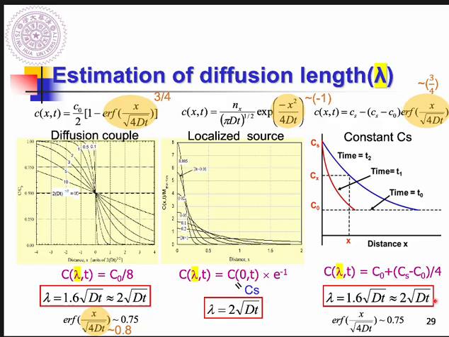OK, and just another supplementary part for your reference. For the surface concentration case, this concentration does not change with time, right? And you can use this here. This concentration does not change with time as well.